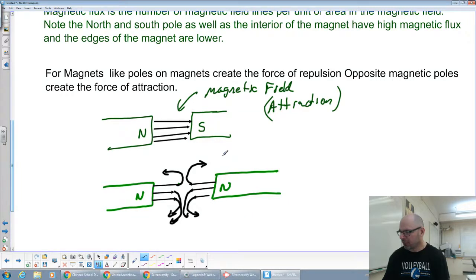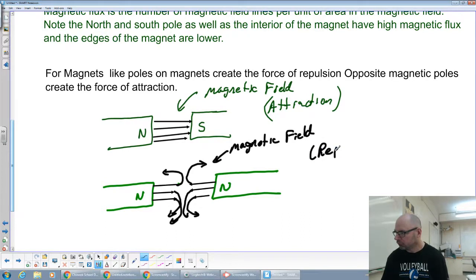We still have magnetic field lines in there. They hit each other and then bend around, giving us that repulsion type force. And our magnetic force can be very, very high as well. We often think of it as a weak force, but it can be very high.